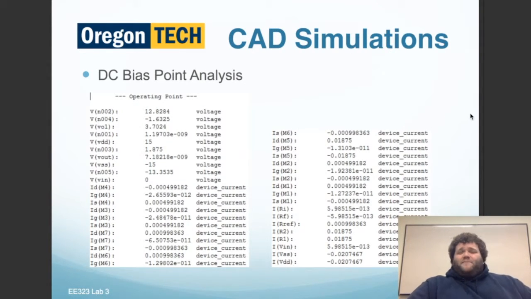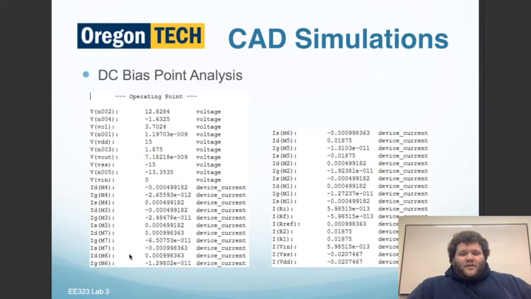Here's the DC bias point analysis, which was the first step they asked us to do. The relevant thing we're looking at is that the current for each one of the 4 gates in the middle of the differential amplifier should be 0.5 milliamps. As you can see here, 0.499 is pretty close, so I'm just going to call that a win.